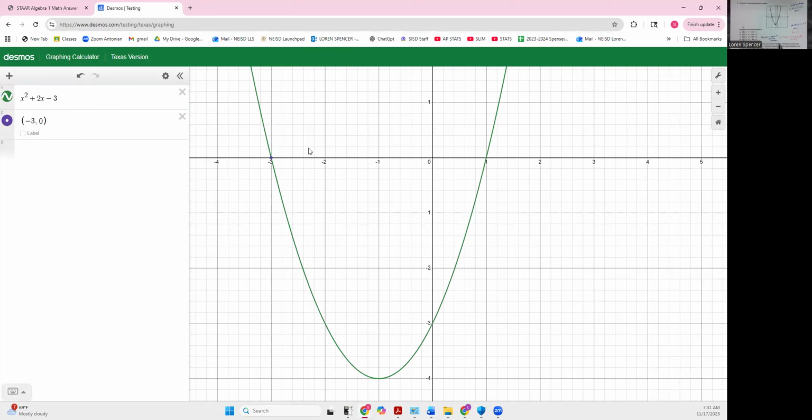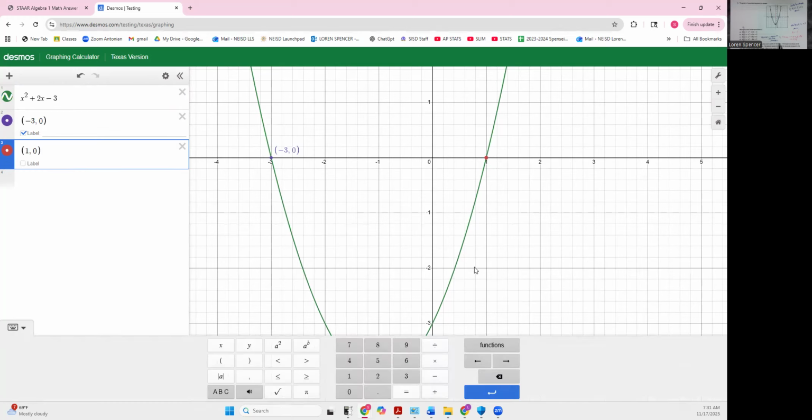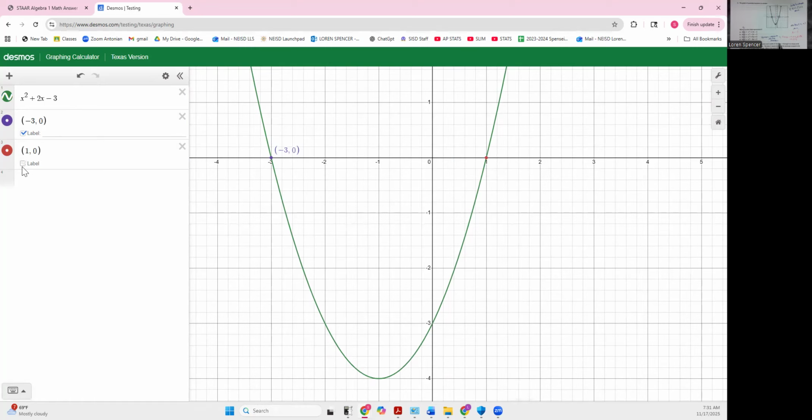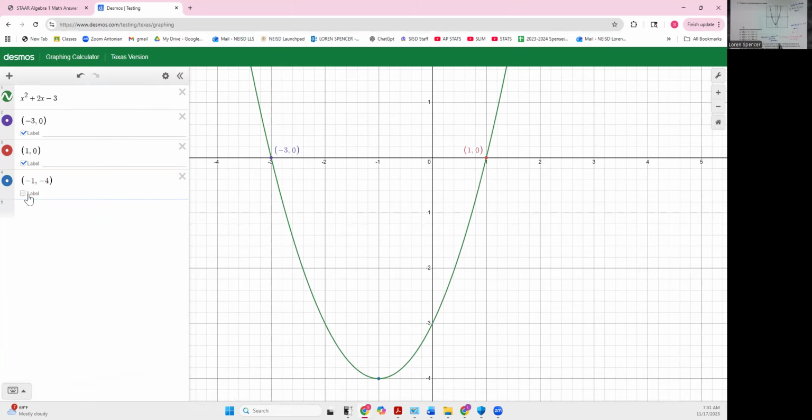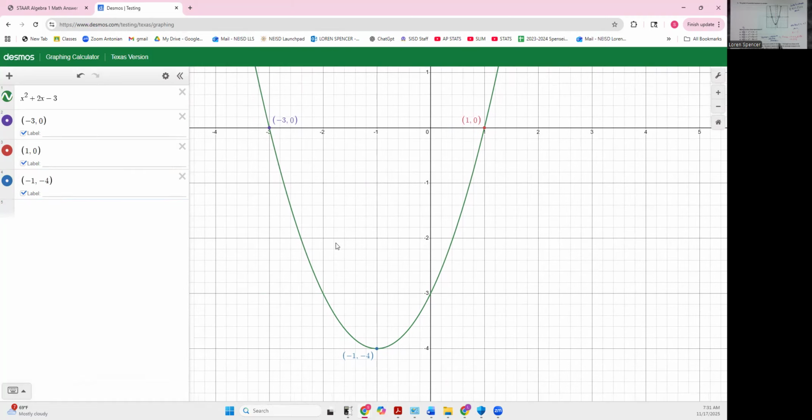I'm going to have them labeled just so you can see them. And lastly, here's our vertex. So if you notice, all those points match up with what we had on the graph.